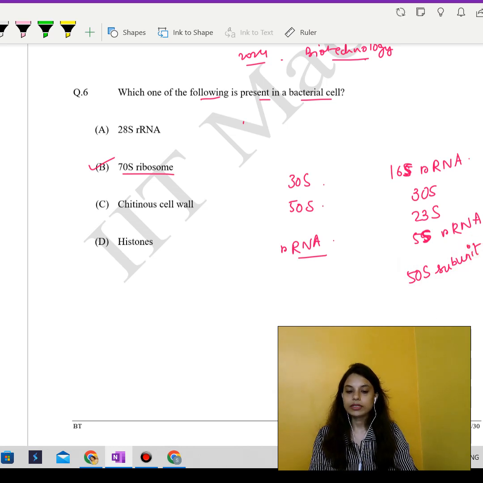Importantly, they do not contain the 28S rRNA, which is found in the eukaryotic 80S ribosomes.